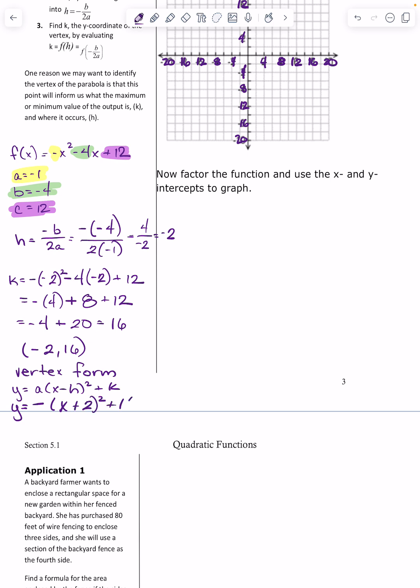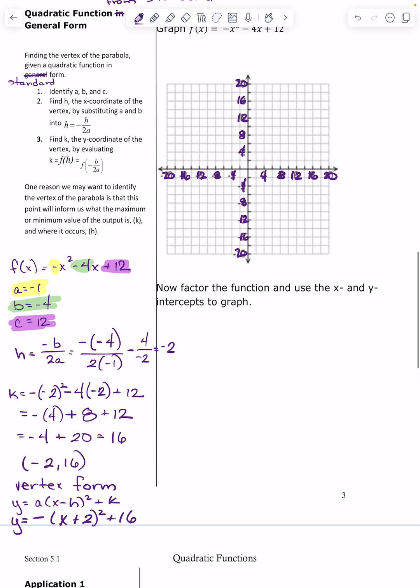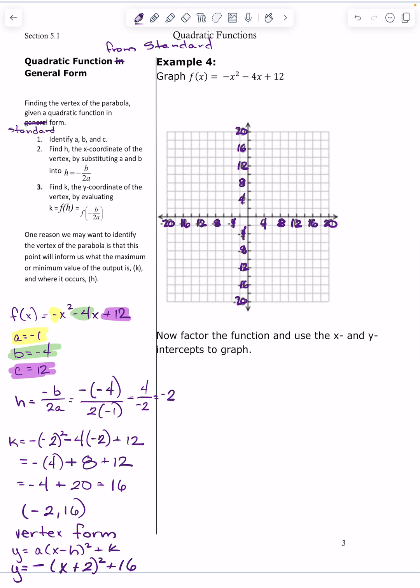K is positive 16. Okay, if we have to write it in vertex form. But we know the vertex is -2, +16 right here. I can also look back up at standard form, and I see that my intercept should be at 0, 12. Okay. That's enough to graph it.